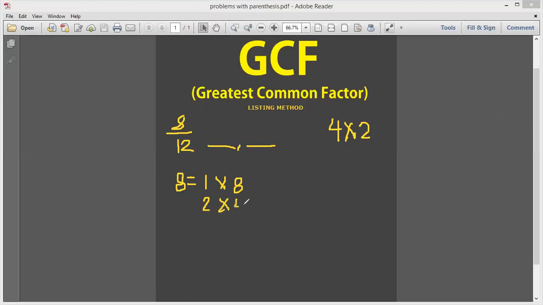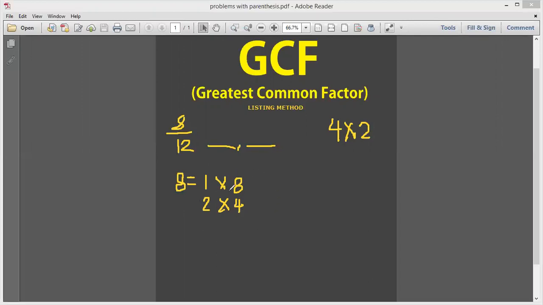Now, how about 3? Is there any number you can multiply by 3 and you get 8? There's nothing. And then try 4. We already have 4 here. That means we're back to 4. So these are my factors for 8.